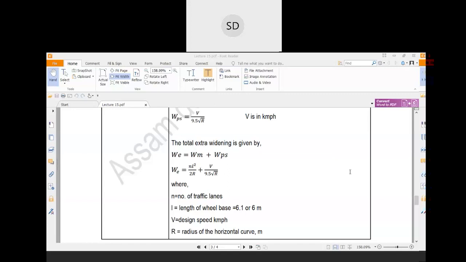The length of the wheelbase is 6. In that case, it would be 6 square by 2. Yes, the total extra widening is 0.6.